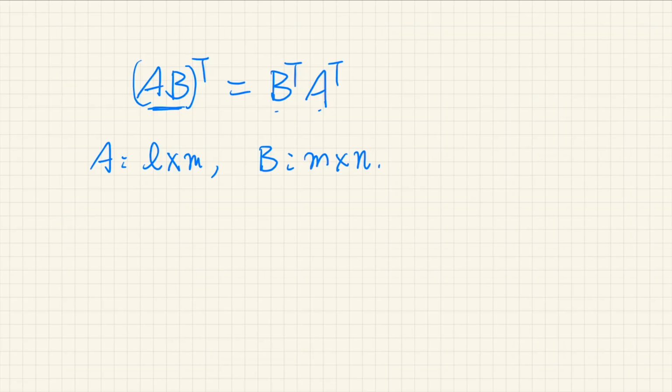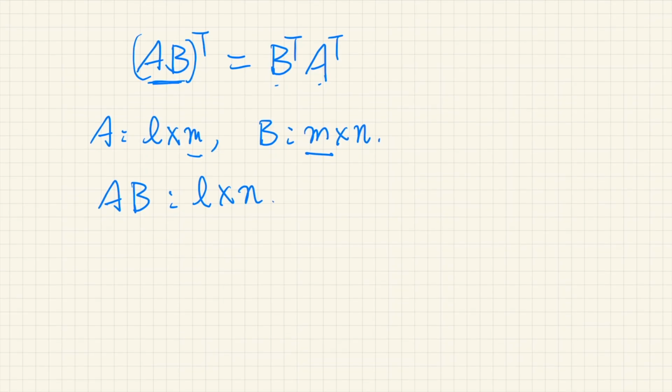So their sizes must match. That means the number of columns in A should match the number of rows in B. So as a result, AB is an L by N matrix.